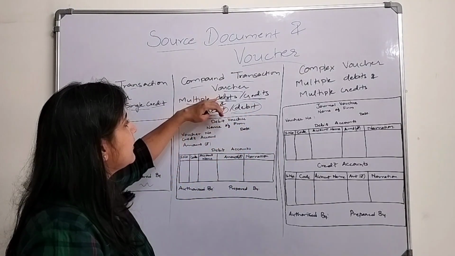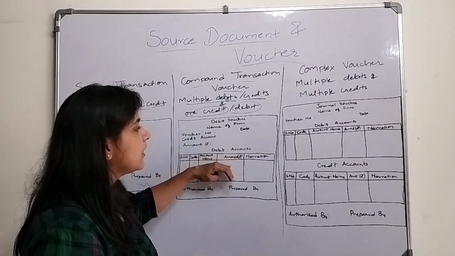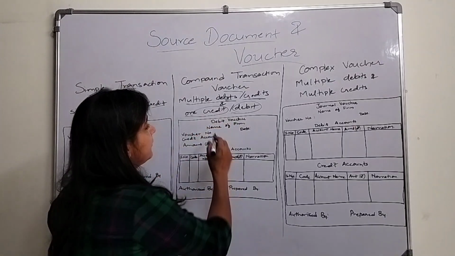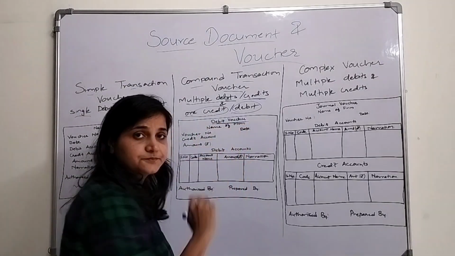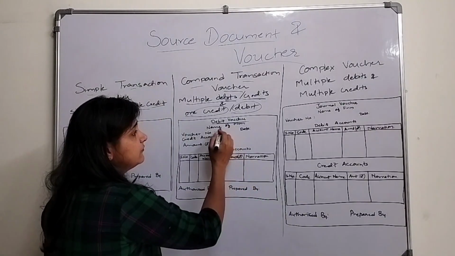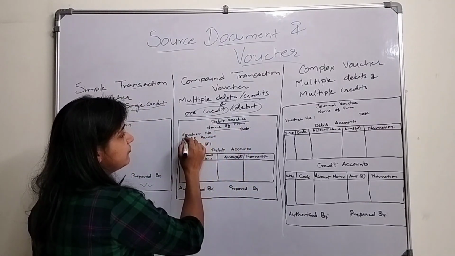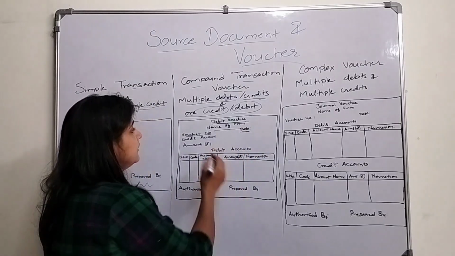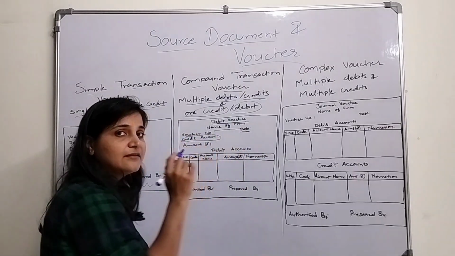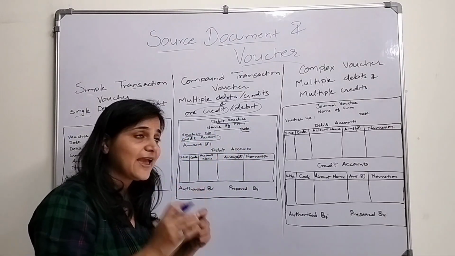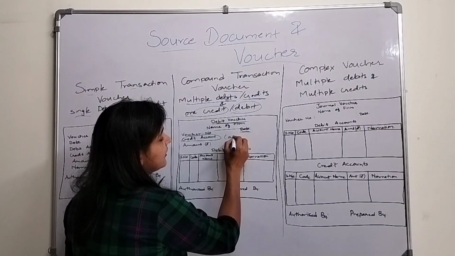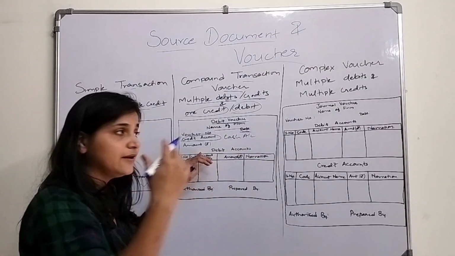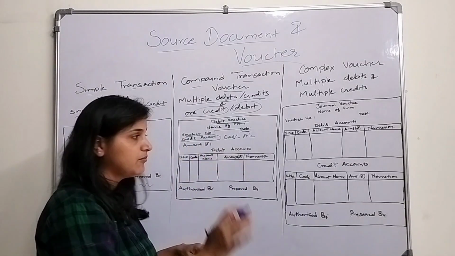So when multiple accounts are being debited, we will prepare a debit voucher. Same way, we need to write the name of the firm, the serial number, the date it happened, which account. Like I said, I got it for cash, so I will write cash account, and the amount, whatever amount it is.